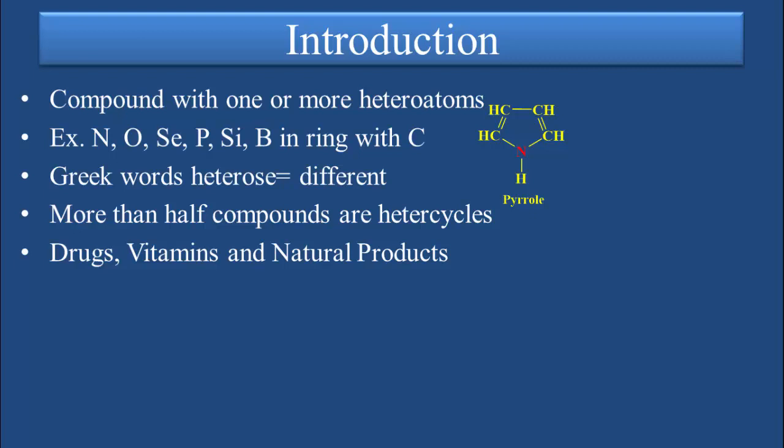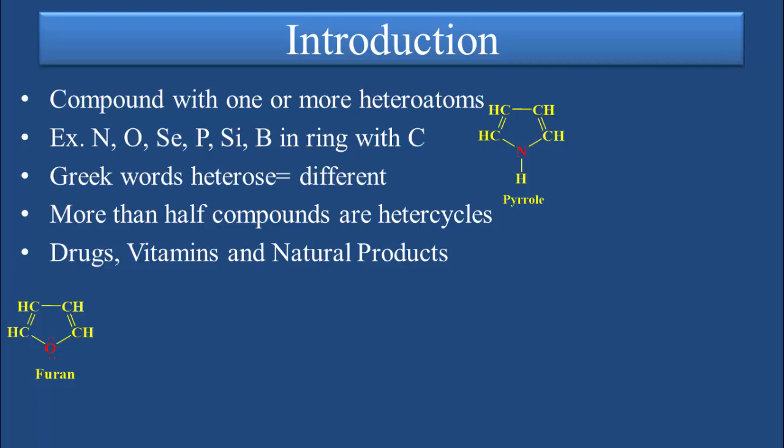More than half of the organic compounds known to human beings are heterocycles. These heterocyclic compounds are present in drugs, vitamins, and natural products. The simple example of a heterocyclic compound is pyrrole. Along with pyrrole, there are other examples of heterocyclic compounds, that is furan.